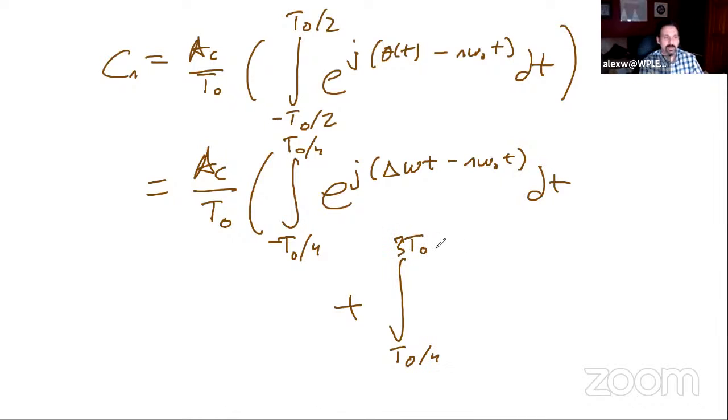You might say, what did I do? Remember, it's periodic, so I shift it by t naught over 4 and break this up into two integrals. There's a reason why I'm doing it, and I'll show you in a second. Here's my shift.